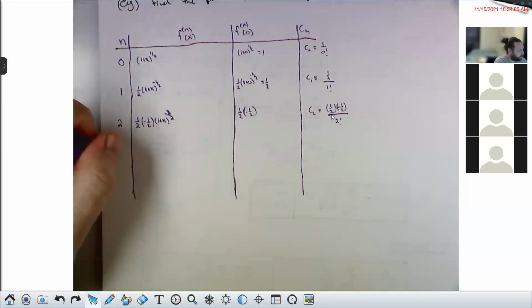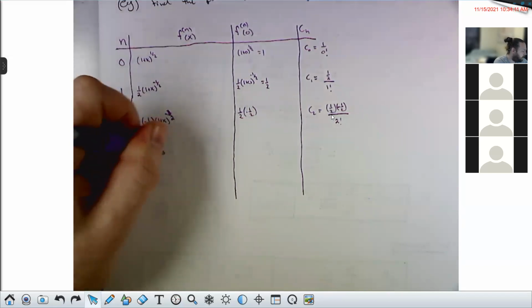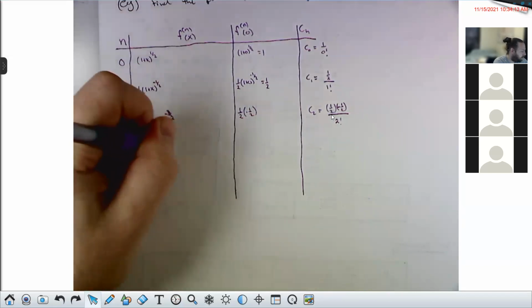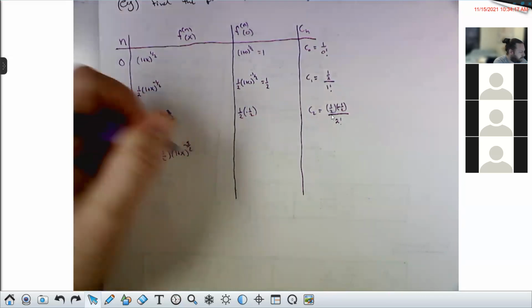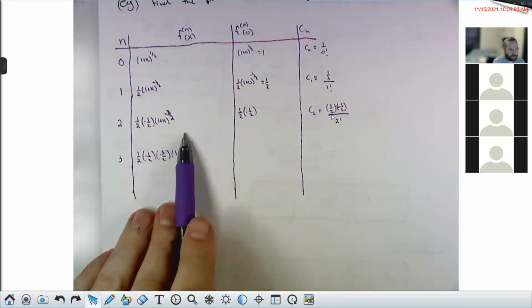If I differentiate a third time, I will have 1/2 times negative 1/2 times negative 3/2 times 1 plus x to the negative 5/2. Plugging in 0 for x, this piece goes away. It just becomes 1.